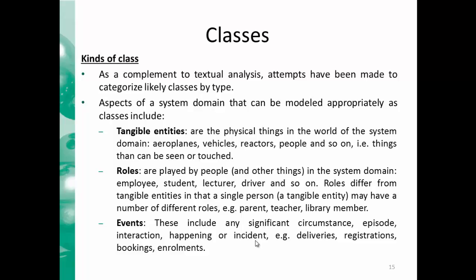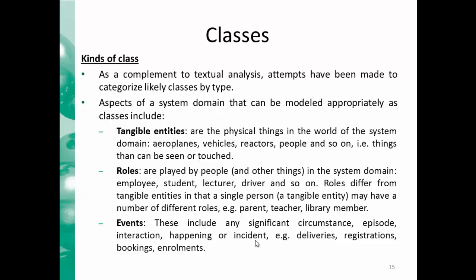Some classes in the system domain can be roles, which are played by people, such as student, policeman, employee, driver. And in real life, people may change their roles, and this possibly can be also in the system domain.